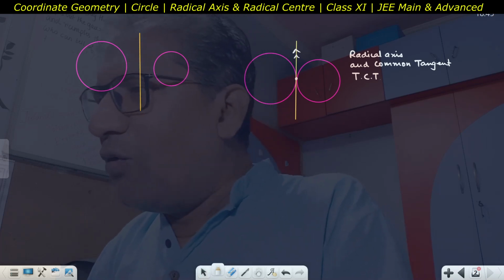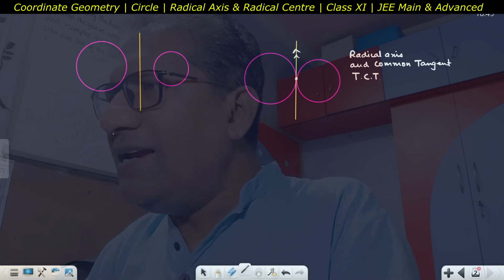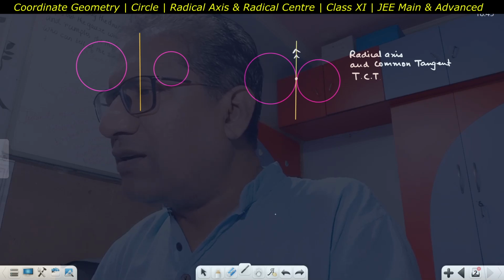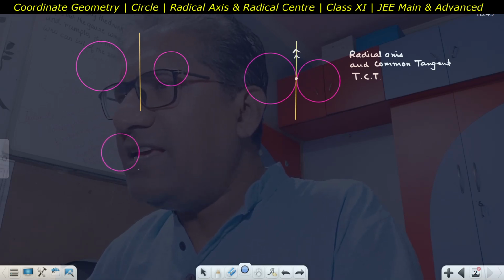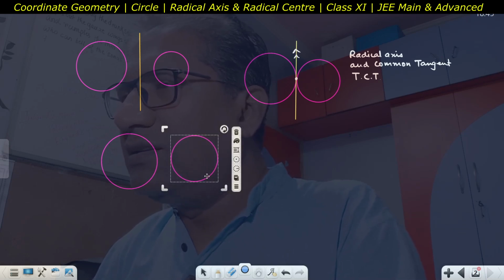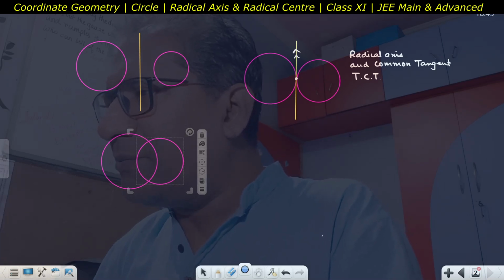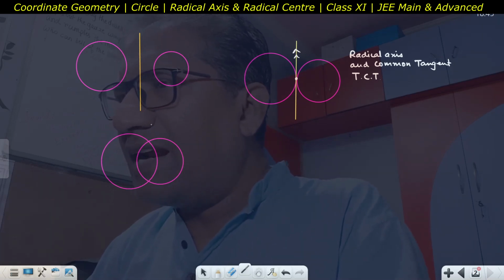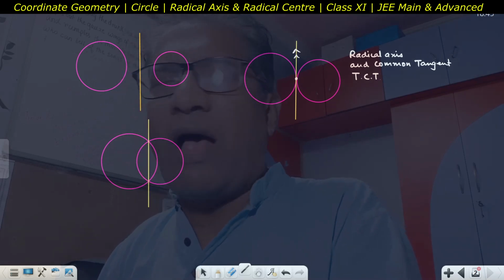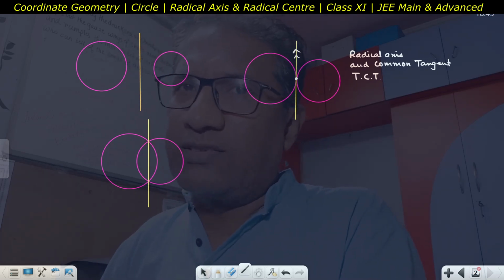Okay? Now, if two circles are intersecting each other, let us say this is one circle, this is another circle, intersecting each other, then the radical axis will be this one, the line which is passing through the 2 points of intersection of these two circles.